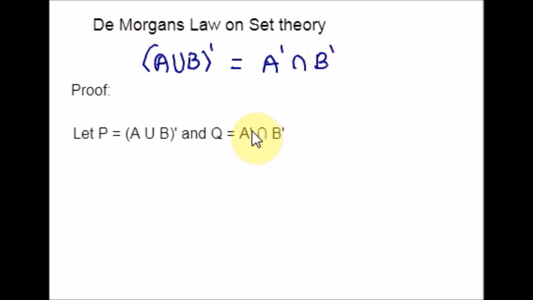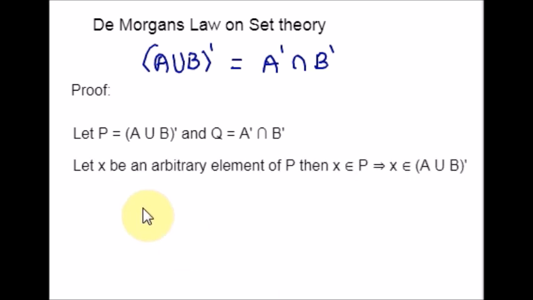We can take an arbitrary element of P. Let X be that arbitrary element of P, then X belongs to the set P. It means X belongs to A union B the whole complement. Am I right? It means if X is an element of A union B complement, then X does not belong to A union B. Am I right? Then X does not belong to either of the set A or B. If X does not belong to the set A, does not belong to the set B, it means X belongs to the set A complement and X belongs to the set B complement.